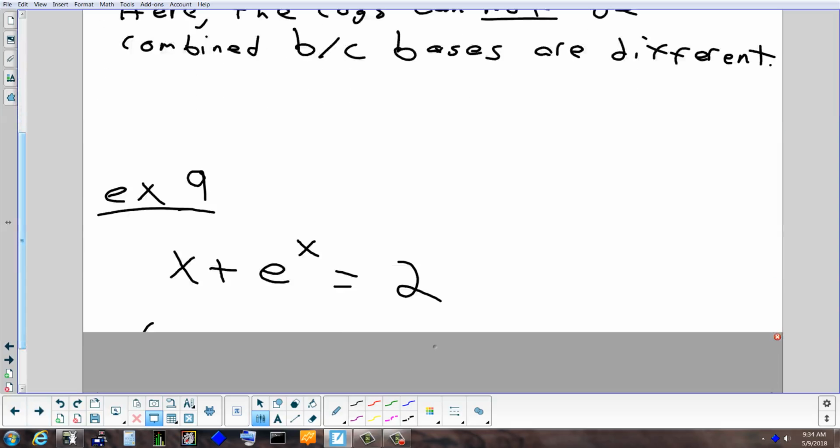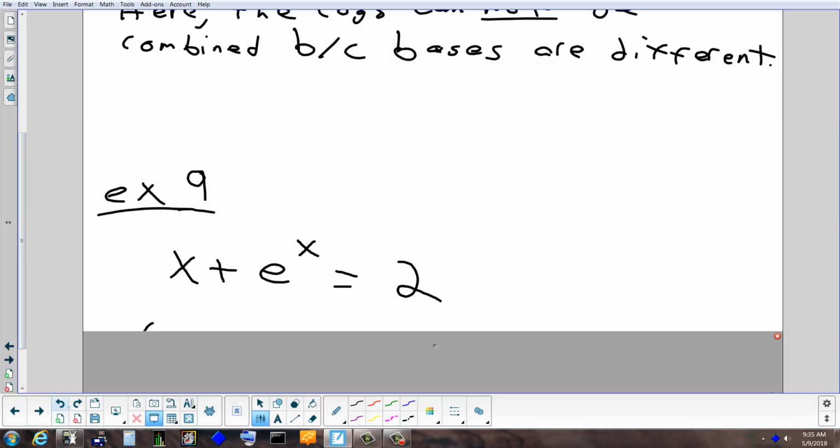All right, let's look at this one. x plus e to the x equals 2. Okay, this is another one that's a little weird. It's got e. We've talked about e. e is just the number 2.718. The problem with this one is you have an x in an exponent, which if that's all you had, that's not a problem. That's exponential form, change it to log form, and you can solve it.